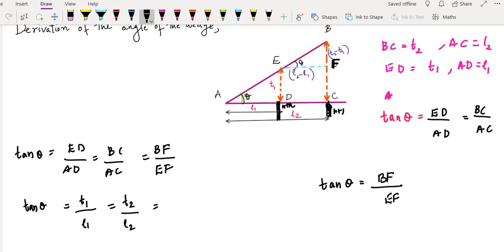Now BF is equal to BC minus CF, and CF is equal to ED. So we can write BF is equal to T2 minus T1, and EF is equal to L2 minus L1.